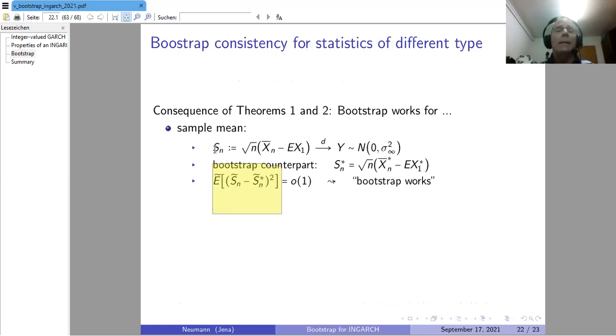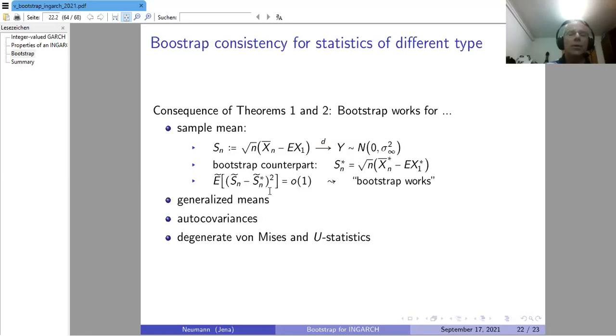On the other hand, as n has a non-degenerate limit distribution as shown here, these two results together imply that Bootstrap works.